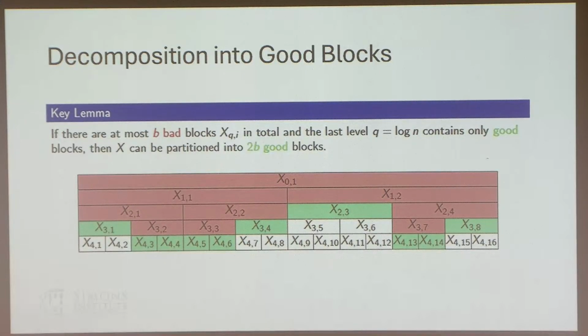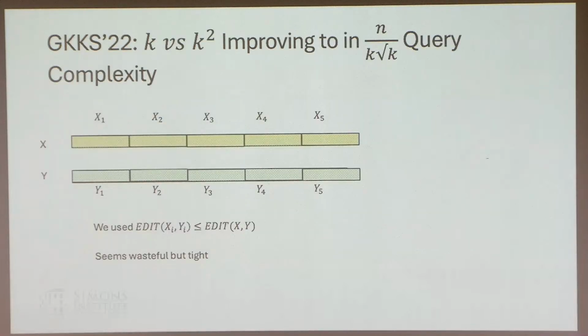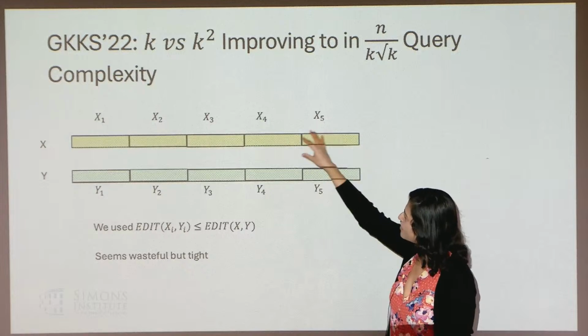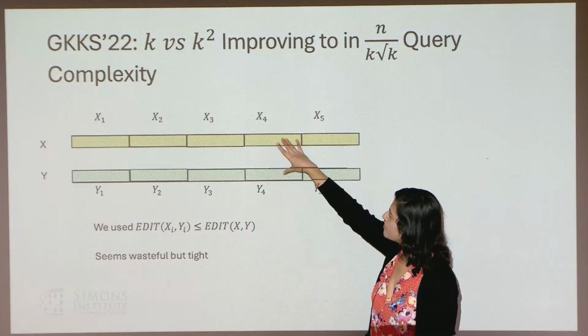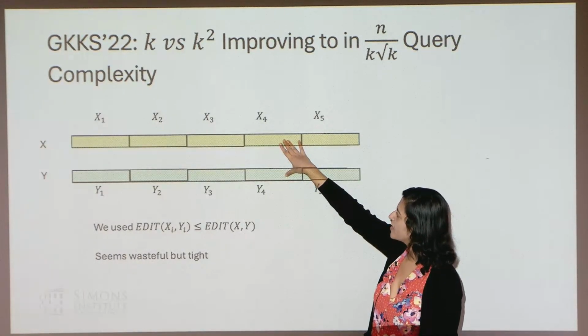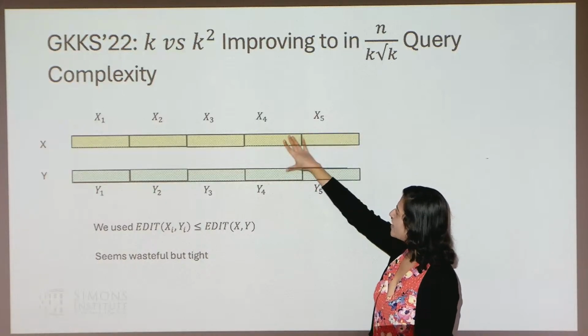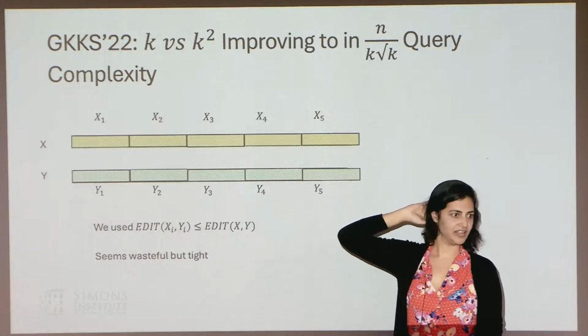And it doesn't have any polynomial dependency on k, but as you could see, it doesn't really look into the structure of the string. It's completely non-adaptive. So one thing that's a little annoying here is that you have these two strings, you decompose them into blocks, you look at these blocks, and you check whether the edit distance of the block is greater than k, then you return no. But if the edit distance is less than k, that's a good thing.